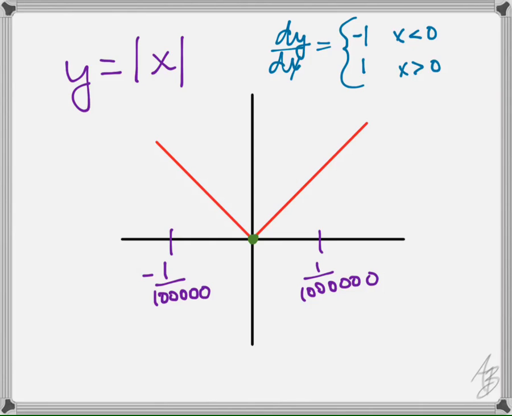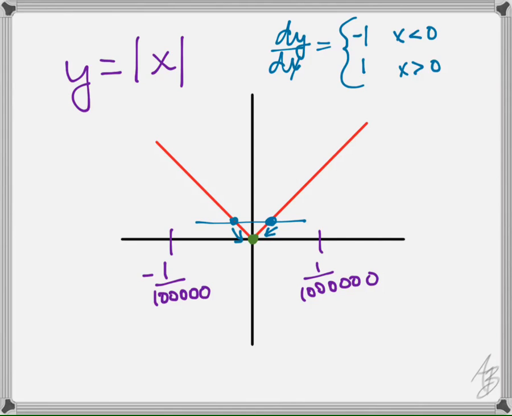Now, I really like this example because some calculators use a symmetric difference quotient to compute the derivative. And if you use a symmetric difference quotient, what that means is instead of picking 2 points, so having a starting point here and then finding the slope of a secant line here and then moving this point closer to 0, what a symmetric difference quotient does is it picks one to the left and one to the right and finds the secant line, and then both of them move closer to 0.